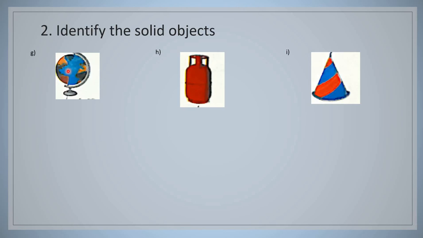A globe is again a circle shaped object. So therefore it is a sphere. Next is a cylinder. A cylinder, as you can see, is a cylindrical shaped object. So therefore it is a cylinder. And next is a birthday cap, which is again a triangle cone shaped object. So it is a cone.